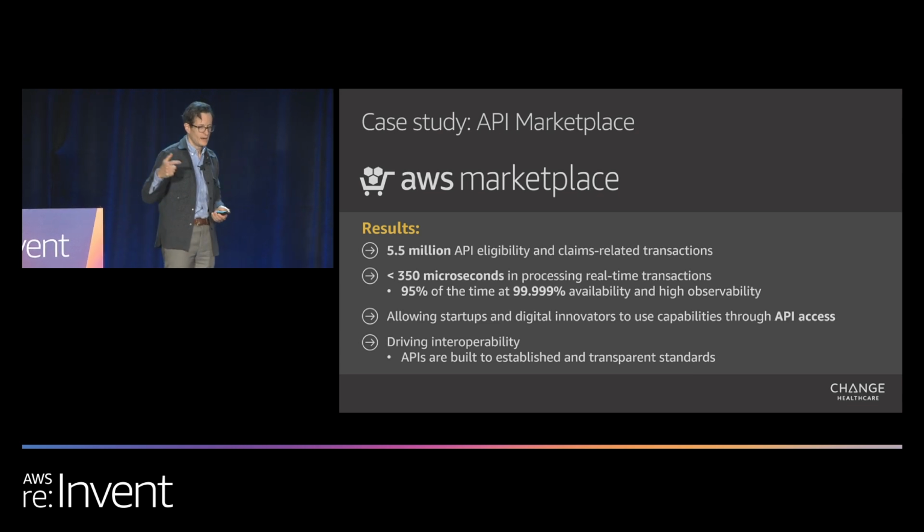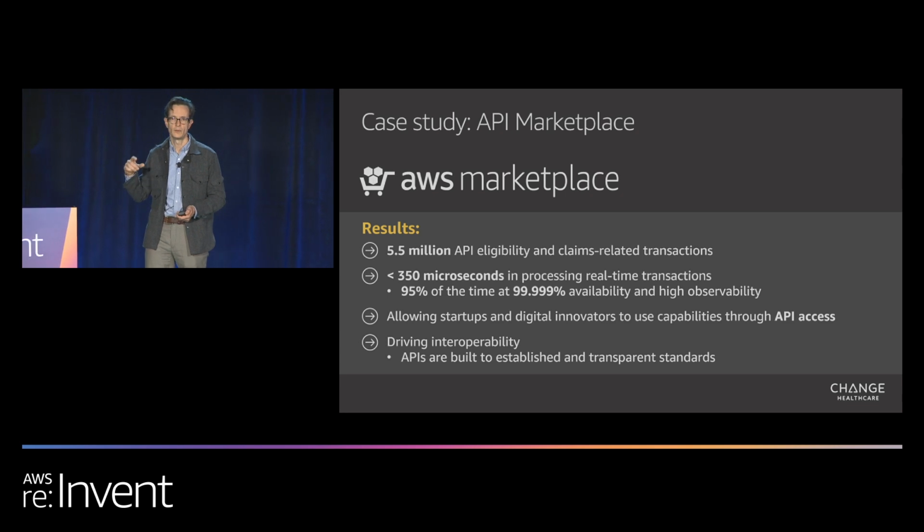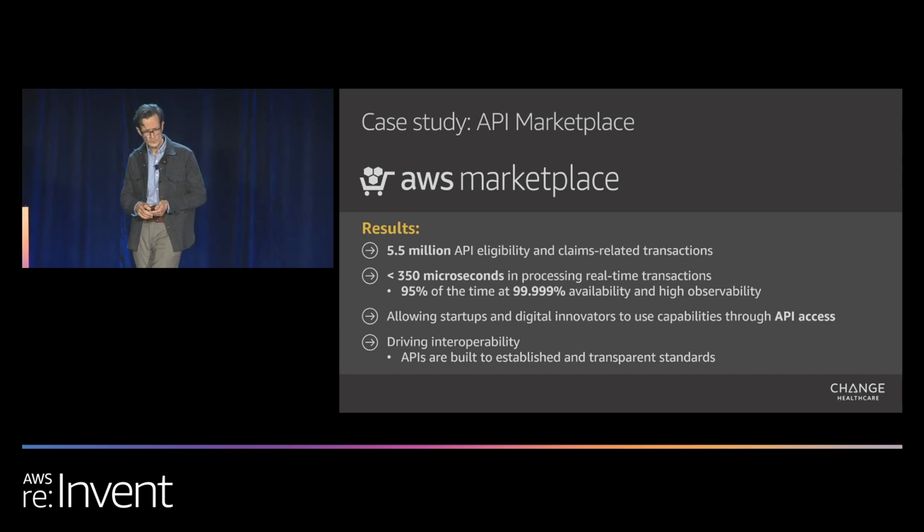So we've got right now significant numbers of transactions going through our API-based connectivity points. So 55 million a month now going through, primarily eligibility. We're launching, I believe, next week, availability in the AWS marketplace.